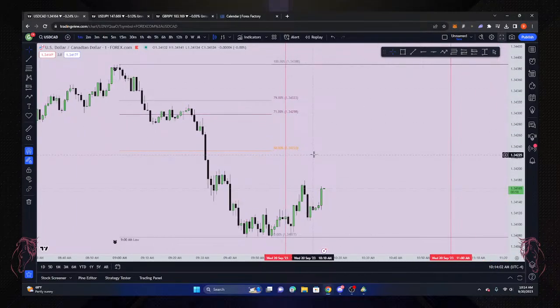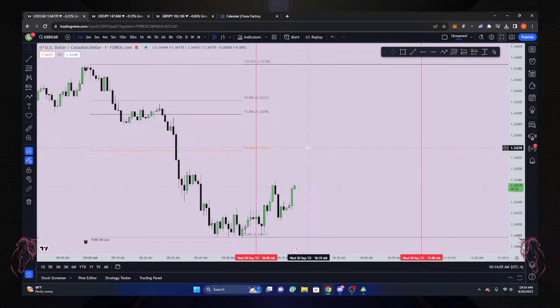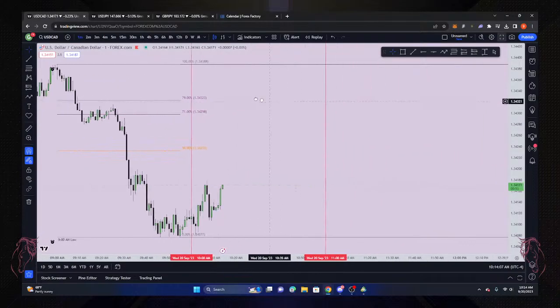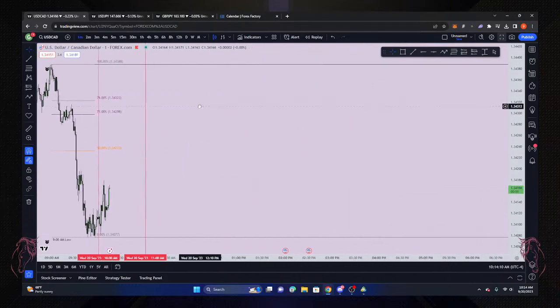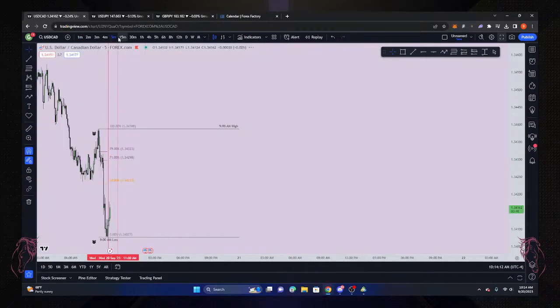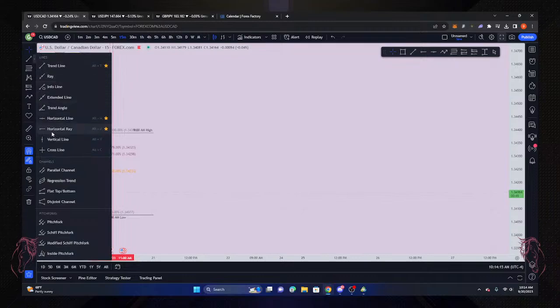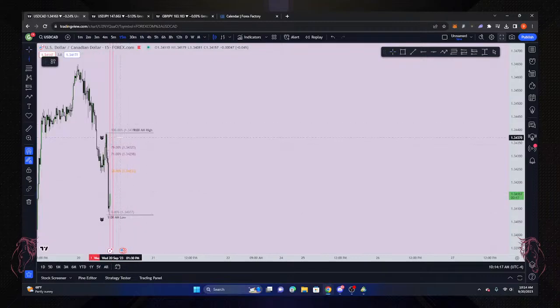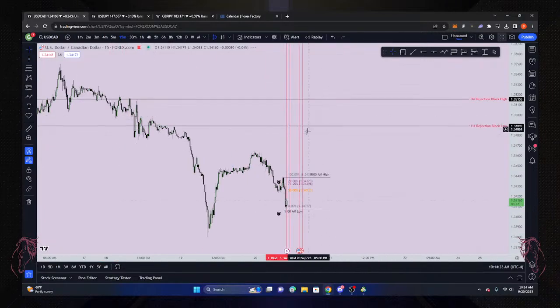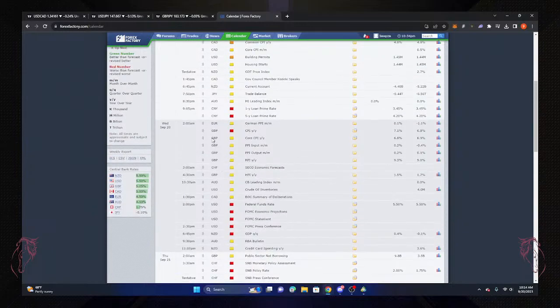Now, if we don't catch anything during AM session kill zone hours, then we could be looking for another setup today during PM session kill zone hours, which are from 2 p.m. to 3. Because looking at Forex Factory, we see that we had CPI at 2 a.m. during London session, and we have FOMC at 2 p.m., which is at the opening of the PM session silver bullet.